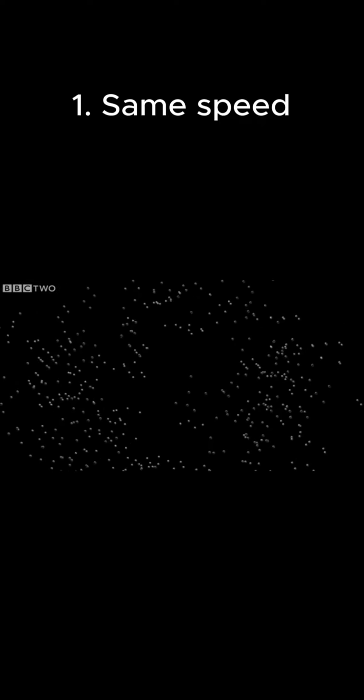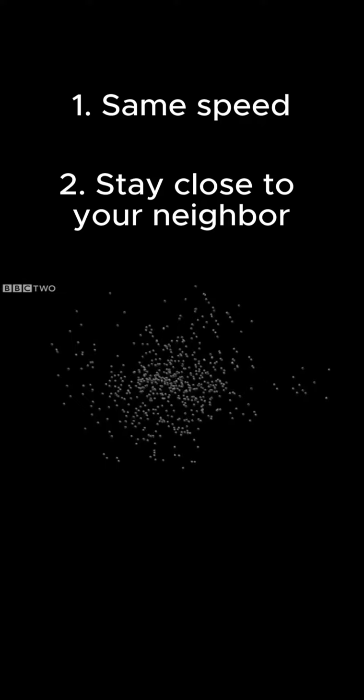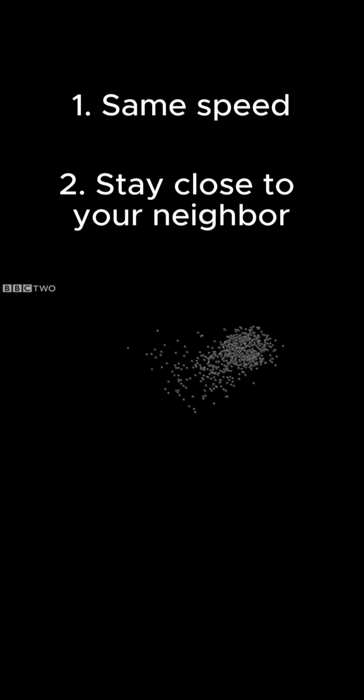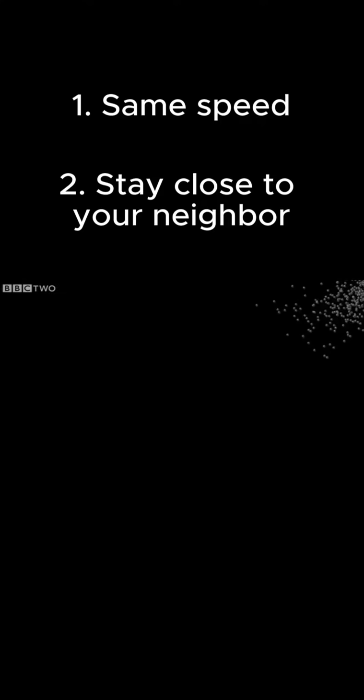The first is for each bird to fly at the same speed. The second rule is to stay close to your neighbours. And finally, if you see a predator nearby, get out of the way. 3 simple rules are all it takes to create something that looks uncannily like the movement of a real flock of starlings.